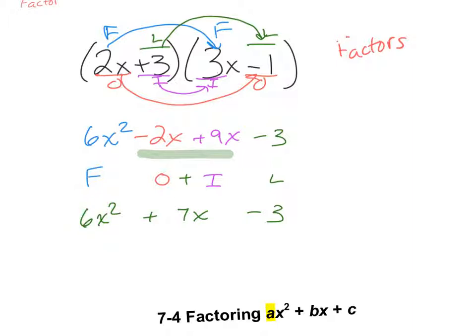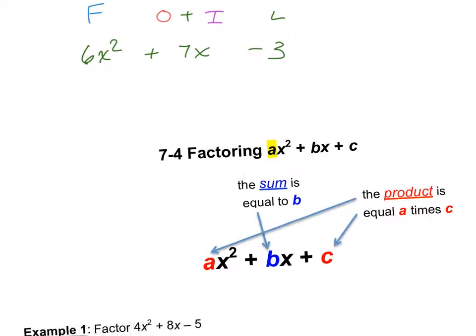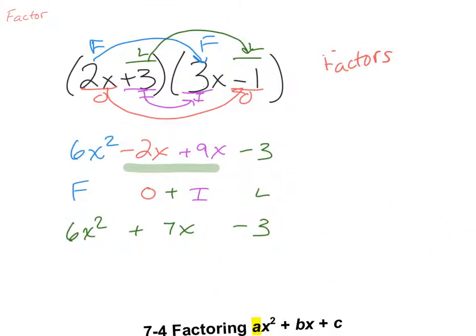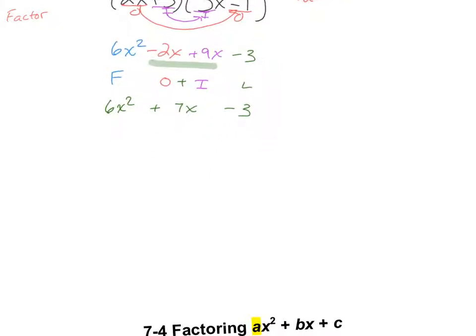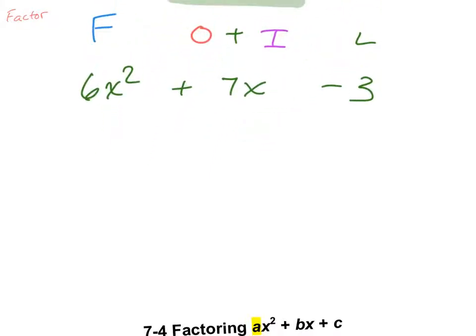So if I try to figure out, working backwards, how to go from 6x squared plus 7x minus 3, and I'm asked to factor, and I don't have the original two binomials, I know I am still going to have a binomial times a binomial, and the first term multiplied by the other first term together give me 6x squared.